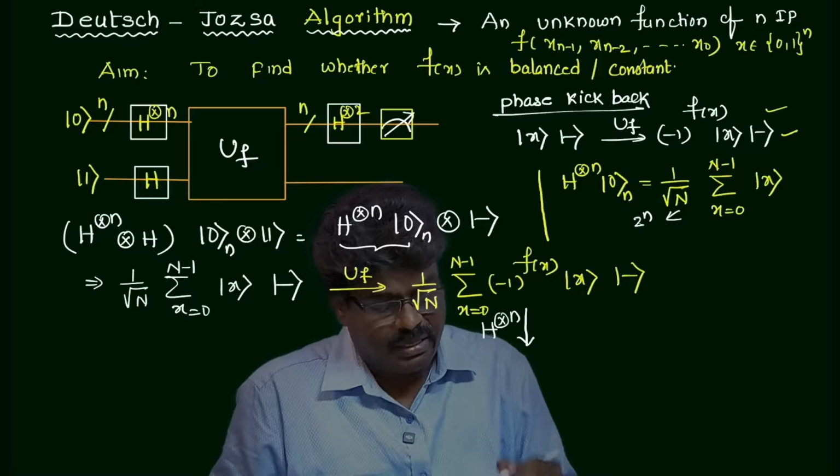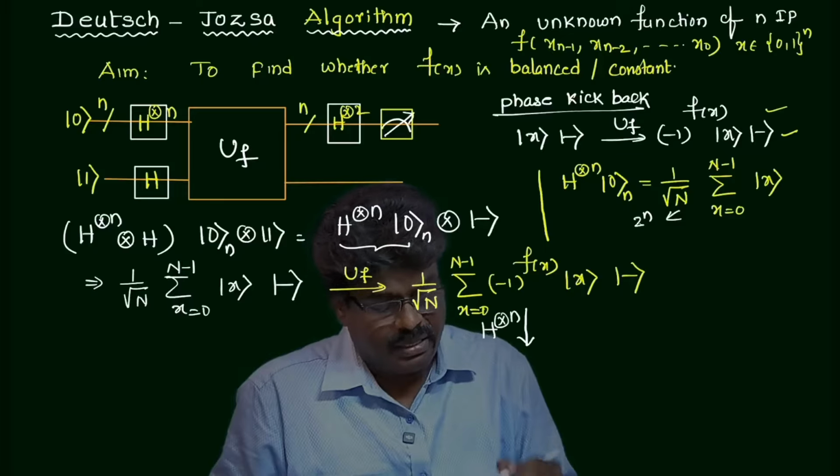So please observe carefully. In the middle I have this summation x is equal to 0 to n minus 1, minus 1 whole power f of x, into minus 1 whole power x dot z. I hope now you understand. Just take this and substitute, nothing else. Okay, so that's it.